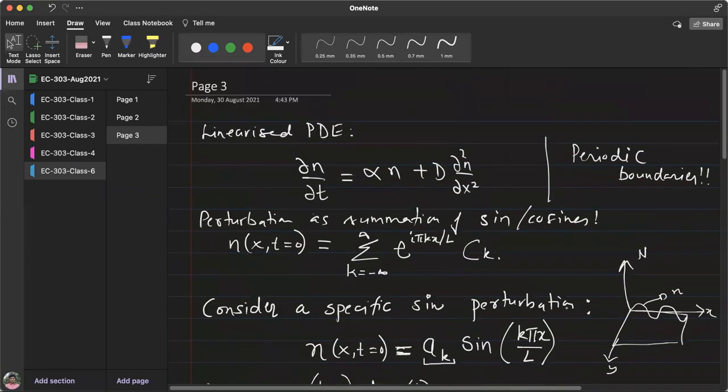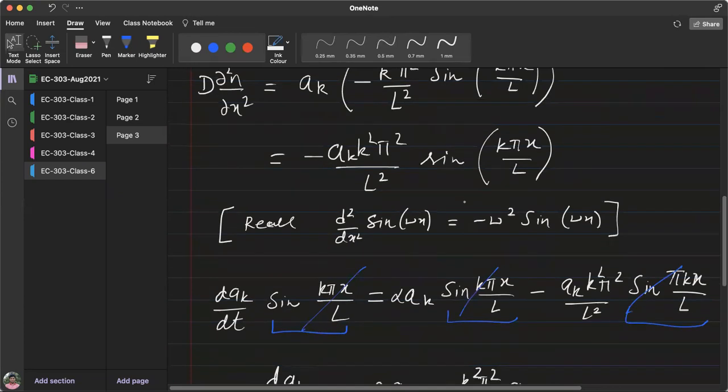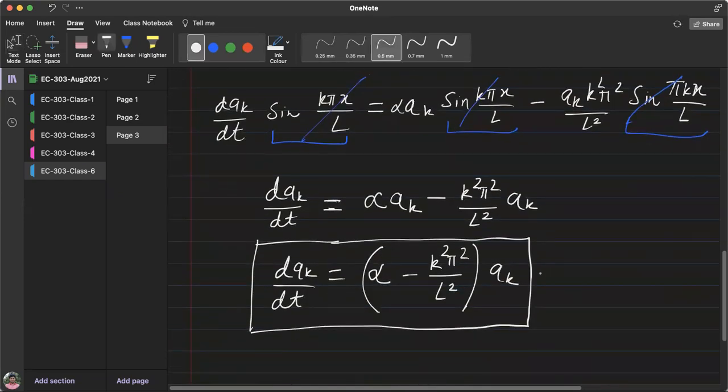We started off with a partial differential equation, which is always very messy. And what we have ended up with is an ordinary differential equation, by considering a single spatial wave, a single sine wave as a perturbation.